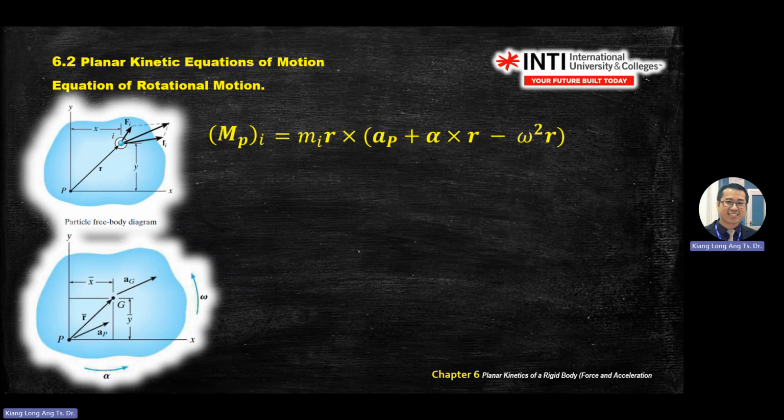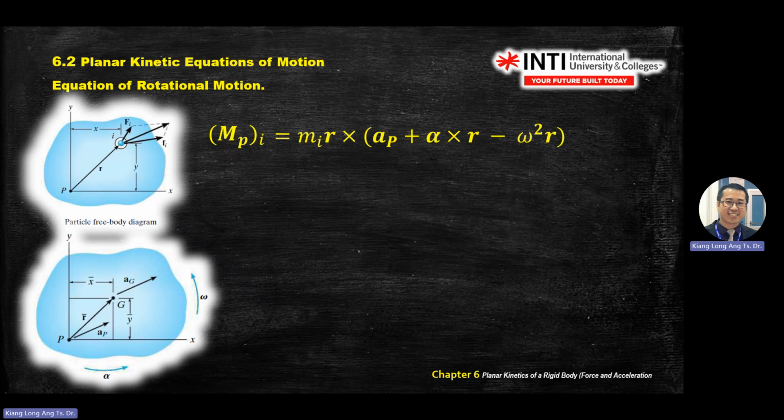So you will have a moment equal to M multiplied by R cross A and all these things. This one you learned in your previous chapter, right? So you have AP plus the normal and tangent direction acceleration. This one you learned before.